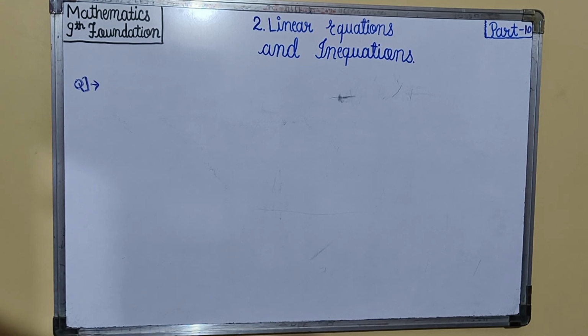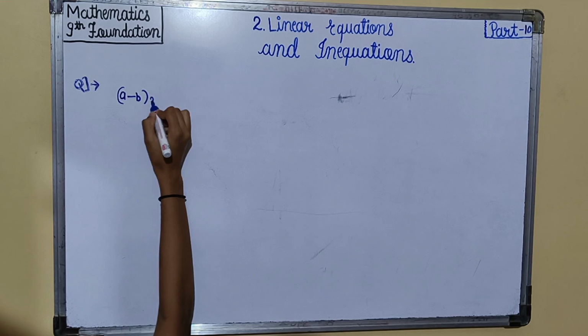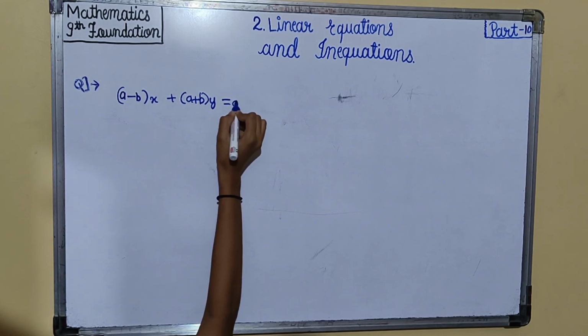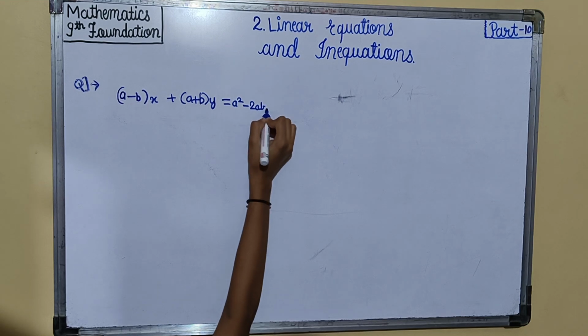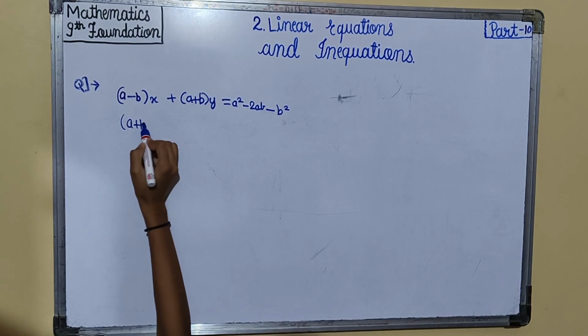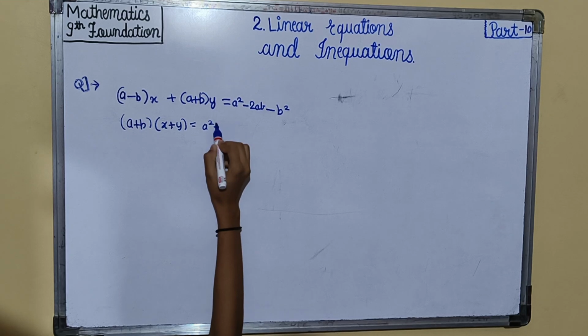With the question, that is, solve for x and y where (a minus b) multiplied by x plus (a plus b) multiplied by y is equal to a square minus 2ab minus b square, and then the next equation is (a plus b) into (x plus y) is equal to a square plus b square.